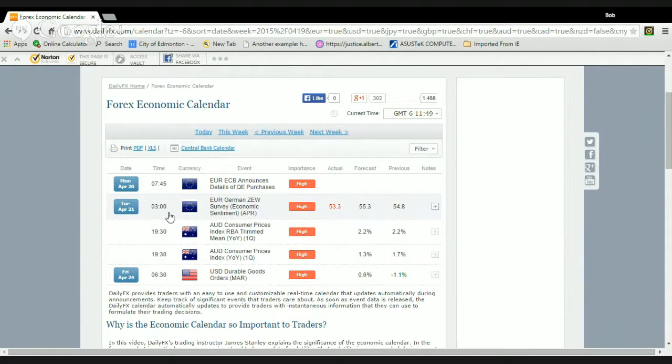I avoid a half hour before and a half hour after. This one, for example, is coming out at 3 a.m. Mountain Standard Time. I set them for my time zone. So from 2:30 a.m. to 3:30, I would avoid trading. Same thing for this afternoon. Same thing for Friday: from 6 to 7 a.m., I would not trade.